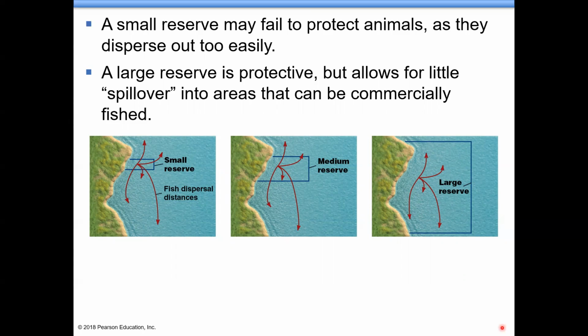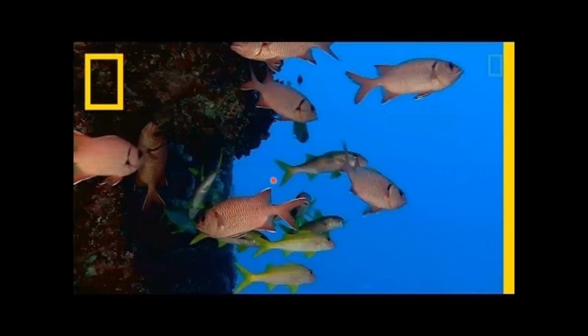So there's kind of a Goldilocks scenario here where medium marine reserves tend to be ideal, because we have thriving fish populations within the reserve, and they're small enough where fish will disperse, hopefully leading to booming fish populations on the outside. I have one final video here that talks a little bit more about these reserves and protected areas.